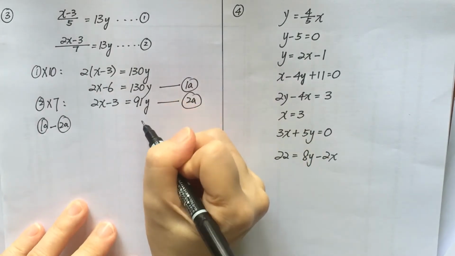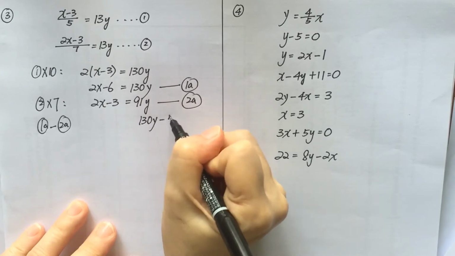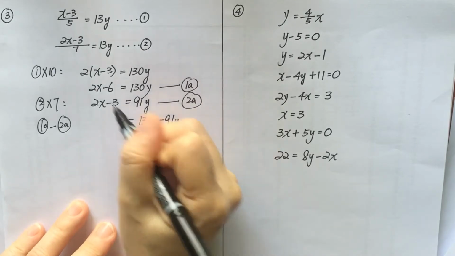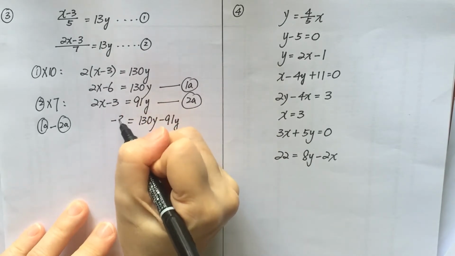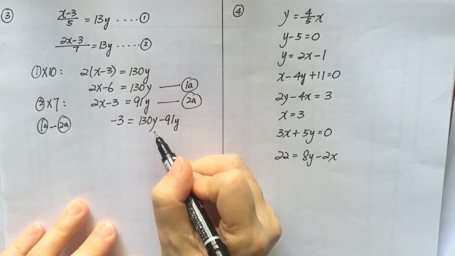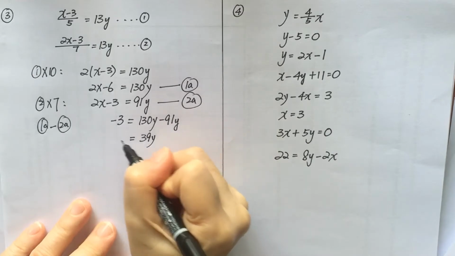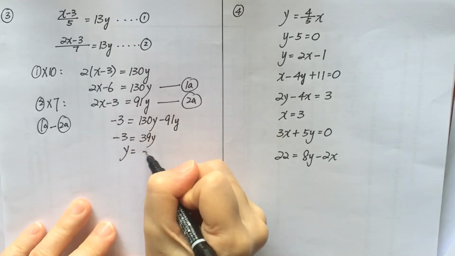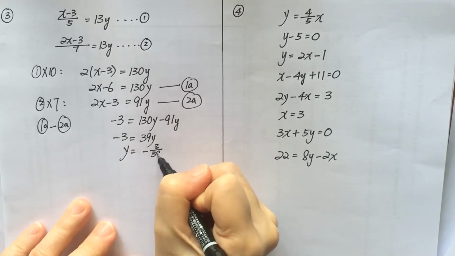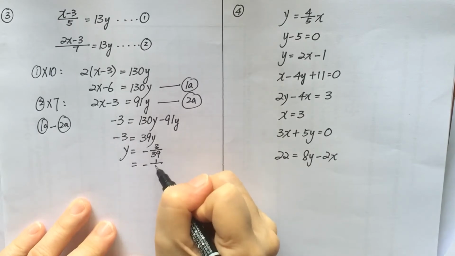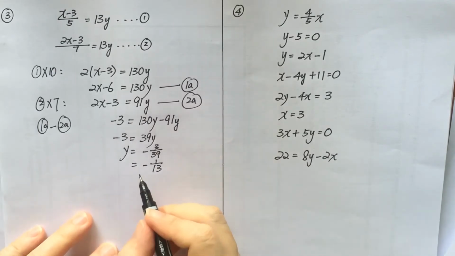So this is going to be 130y minus 91y, and then this one is going to be negative 3. Okay, so I have now 39y is negative 3. So y is negative 3 upon 39, which is negative 1 upon 13. So that is my y.